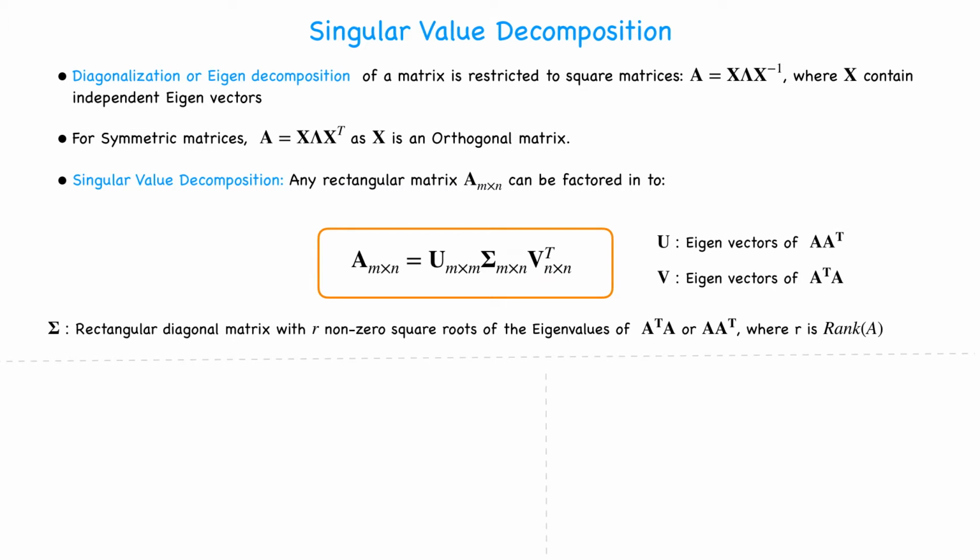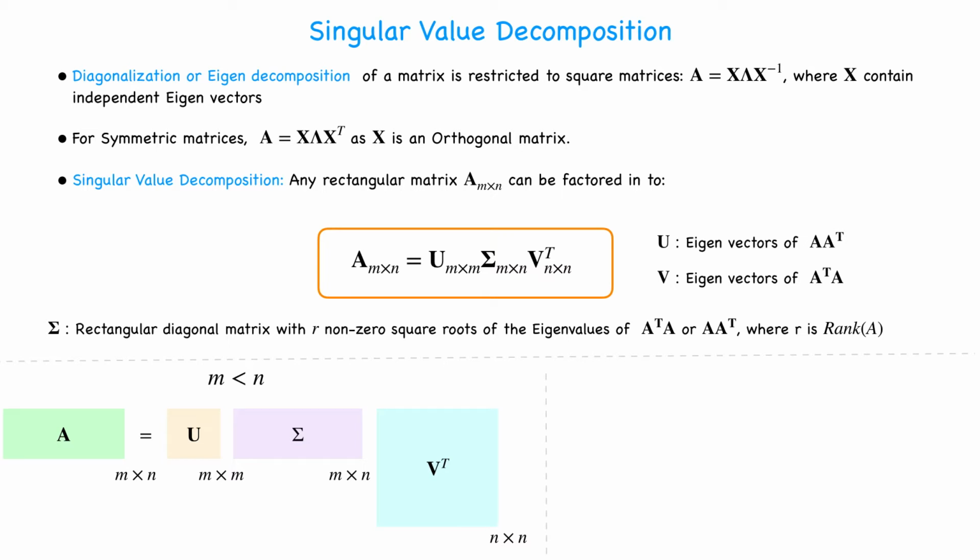It's important to see how these matrices look for a fat matrix and a tall matrix. Consider first a fat matrix A. U would be a small matrix of dimension m cross m, sigma would be of dimension m cross n, and V would be of dimension n cross n.